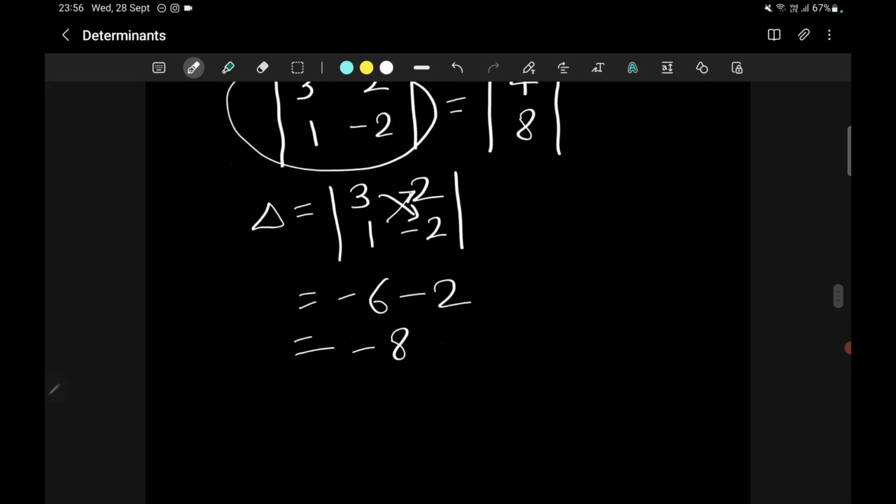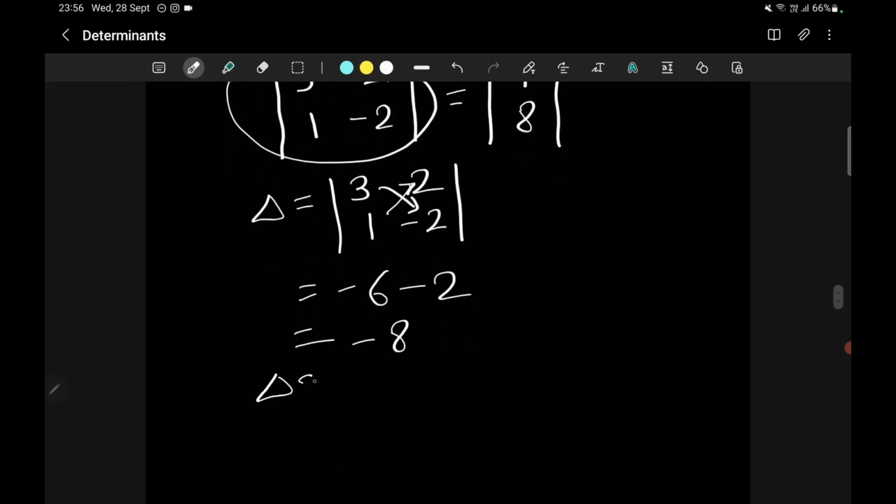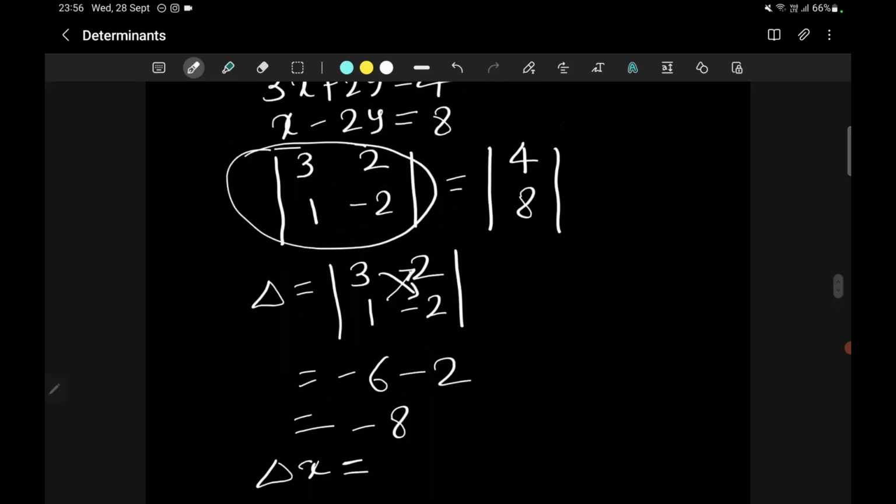Then we have to find delta x. We have to modify this determinant. We have to replace this whole row with these terms if we are finding delta x, and if we are finding delta y, we have to replace this column with this column.